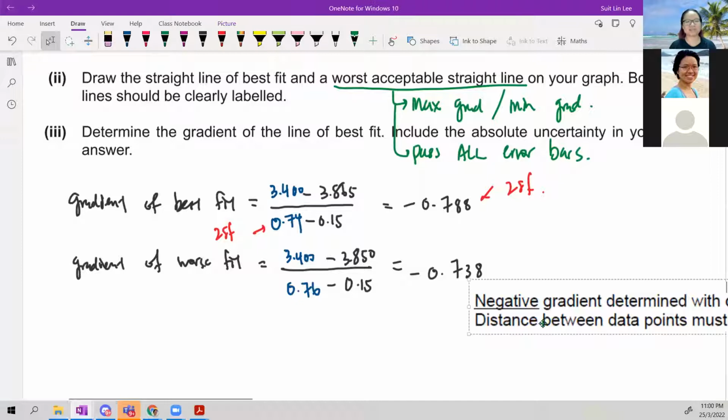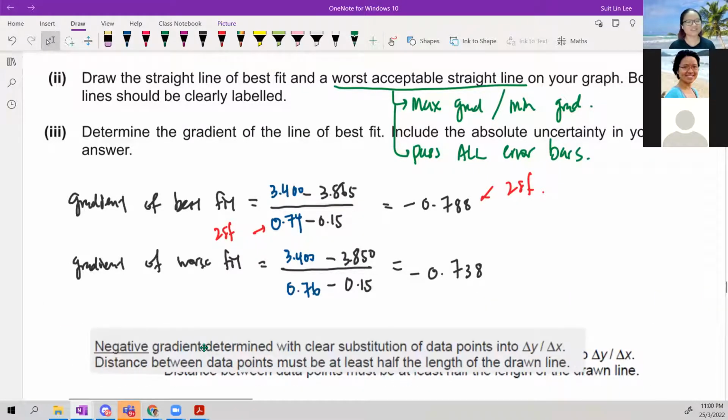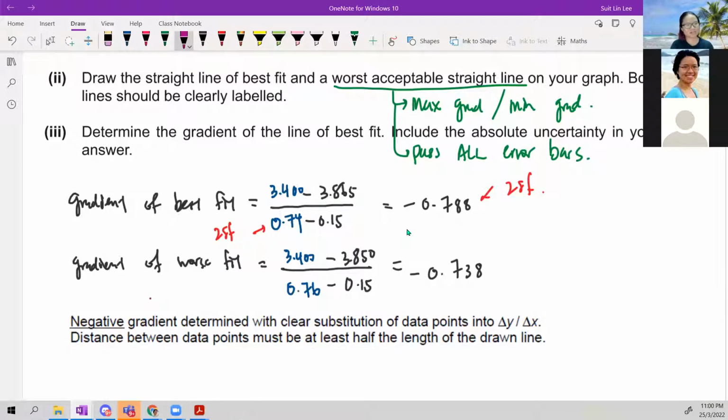Because if your best fit line is drawn correctly, your gradient should be correct. Oh, okay. Since we drew the best fit line based on their range, that means everyone's gradient should be around this one. So the marking criterion is I just need a negative gradient, with clear substitution of data points. Is my data points clear? Very clear.